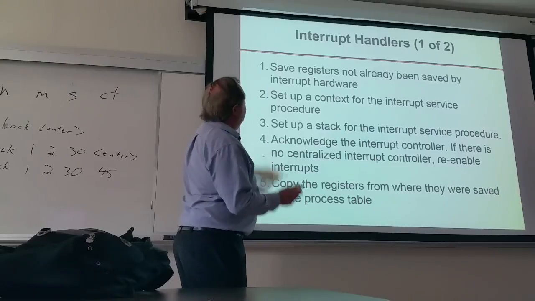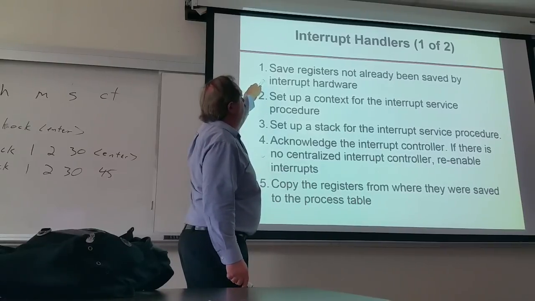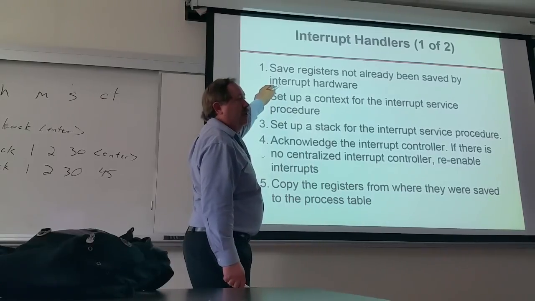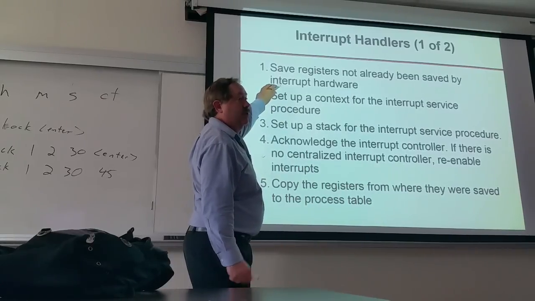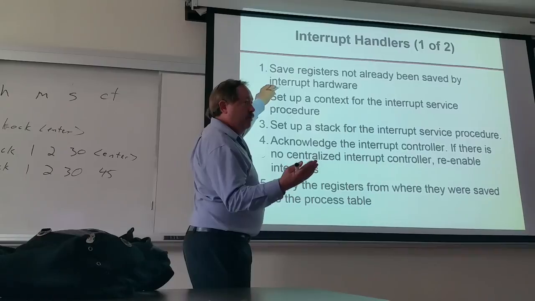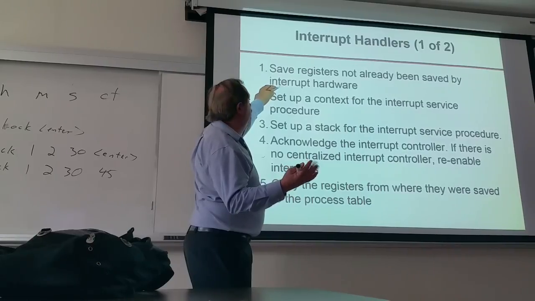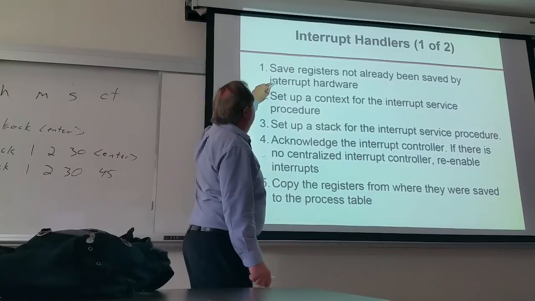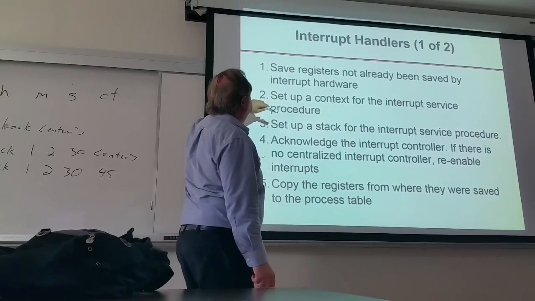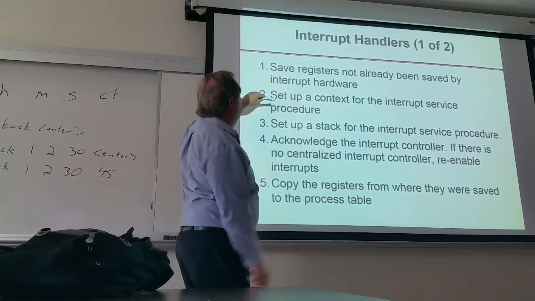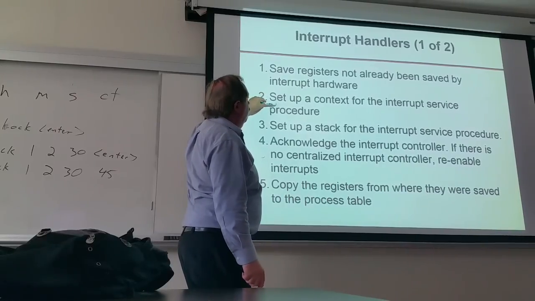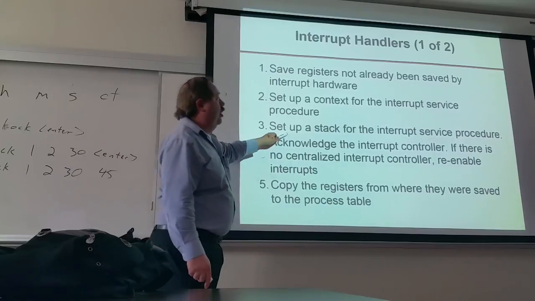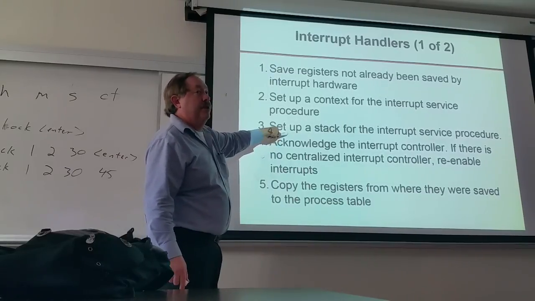And the running process then is going to have to save the current registers, although in some systems the interrupt hardware itself will actually save those registers for us in a single CPU operation, so we don't have to do extra work. But not all hardware does that. So if that doesn't happen, then you have to have some operating system code that will save the registers and then prepare for a context shift for the interrupt handling routine.